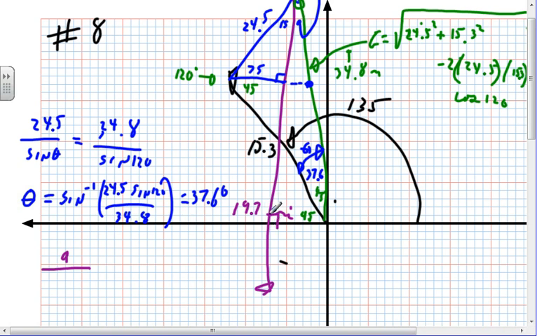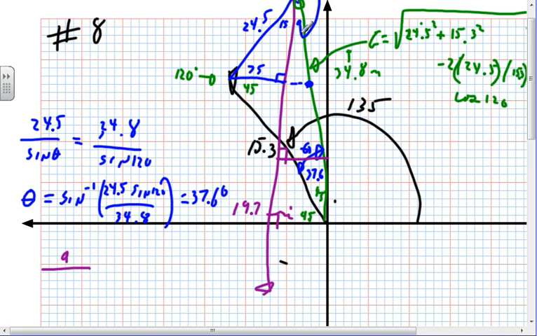I don't know where it's cutting across, but I know it's a right angle.